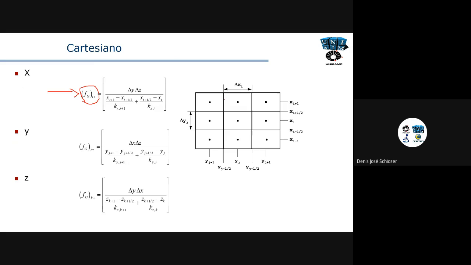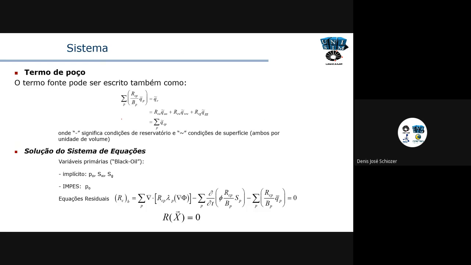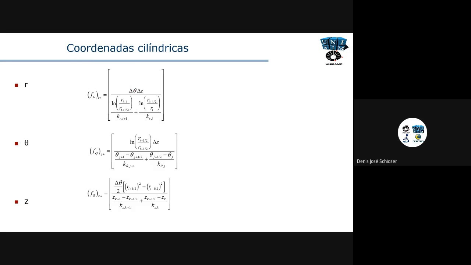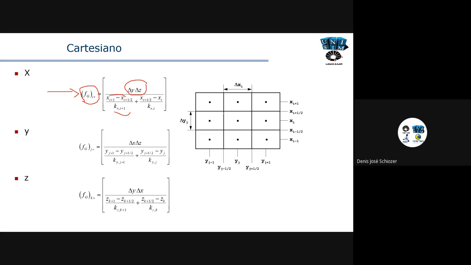This term depends on the geometry of the grid, the area between the blocks, the distance, and the permeability. Here are just examples. Each grid has similar examples. We have to calculate a geometric factor, which has to account for how easy the transmissibility is from one block to another.